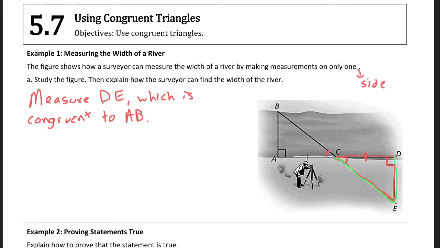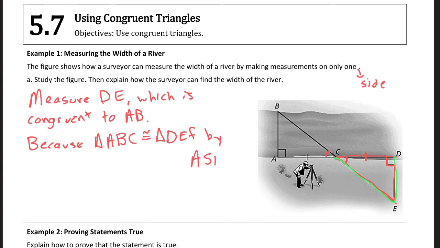And AB represents the width of that river. And the reason we can do that is because triangle ABC is congruent to triangle DEF by angle side angle. So we learned about angle side angle in a previous lesson, and it's reviewing that.